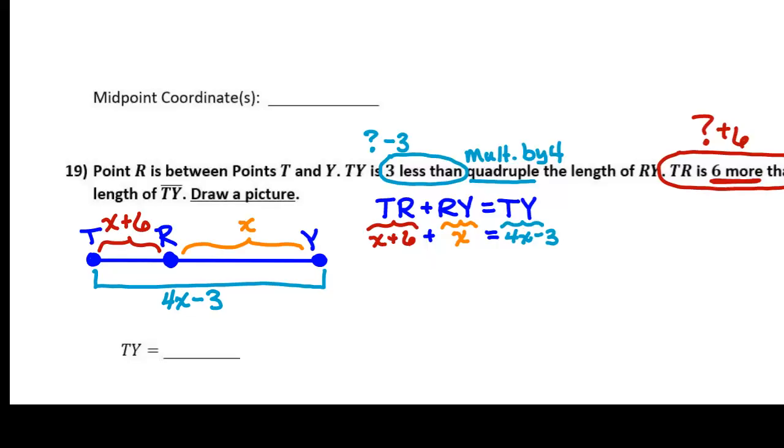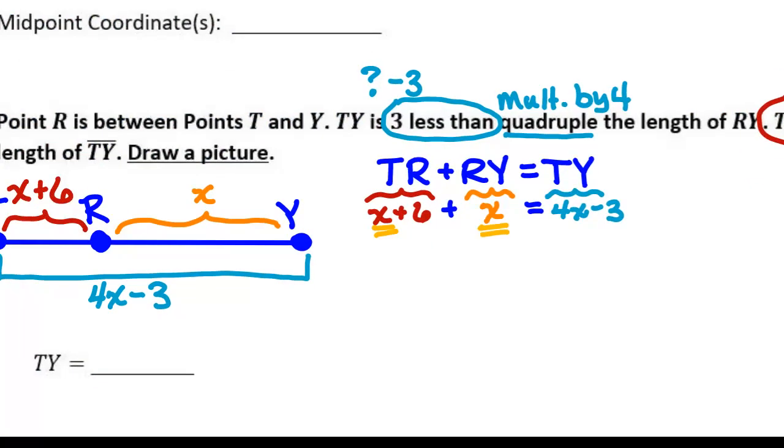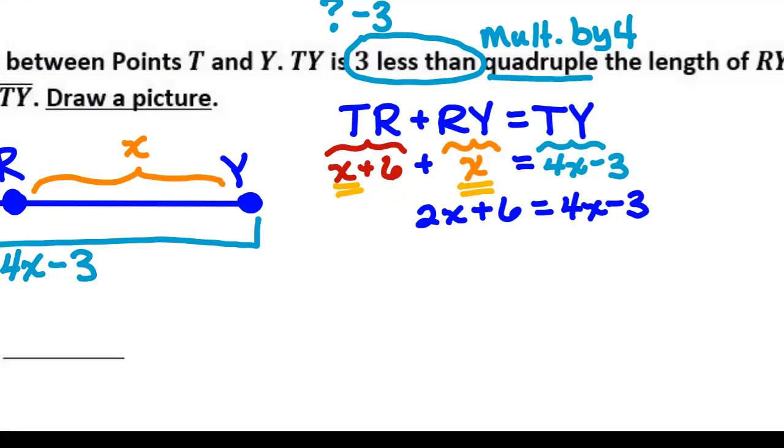Now over on the left, I've got some like terms to combine together. I have x and x to combine to give me what? 2x. So 2x plus 6 equals 4x minus 3. Then I'm going to subtract 2x from both sides.